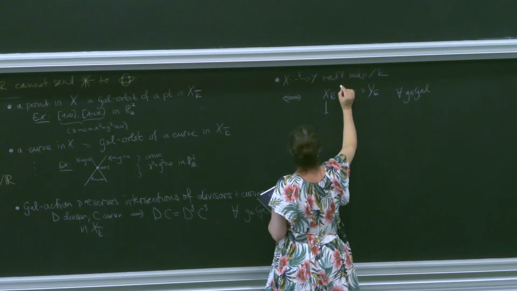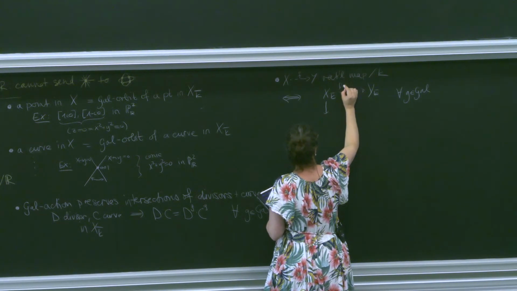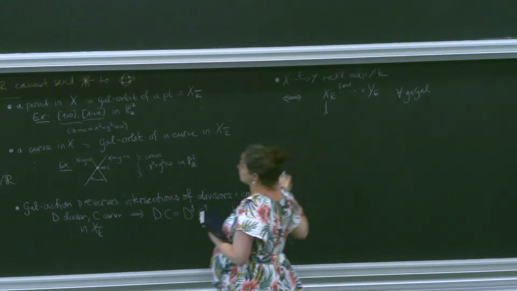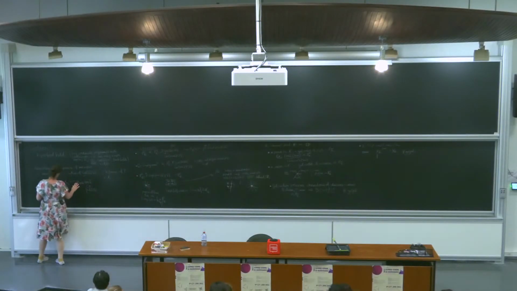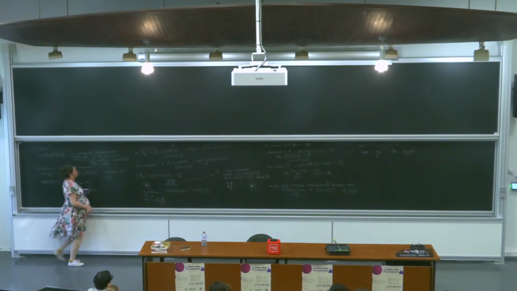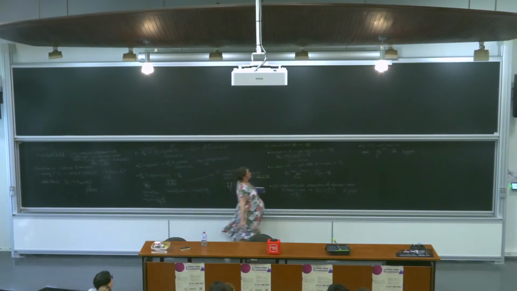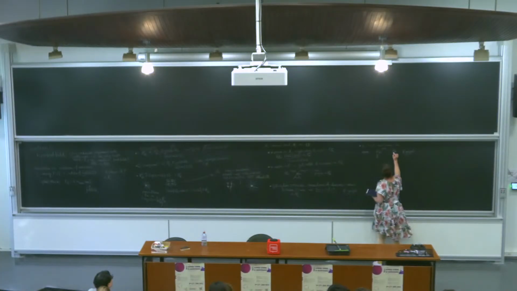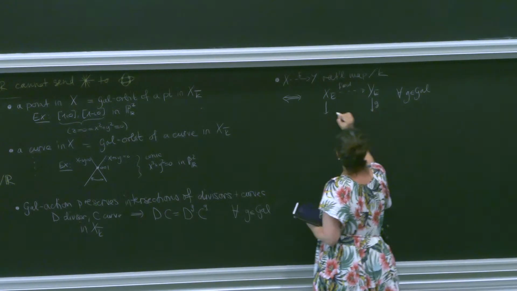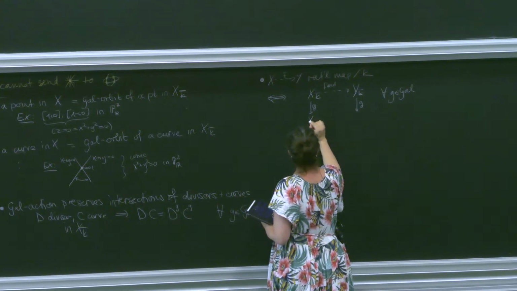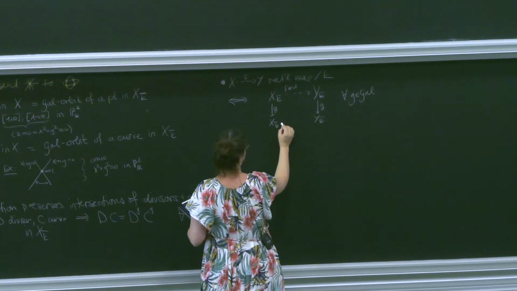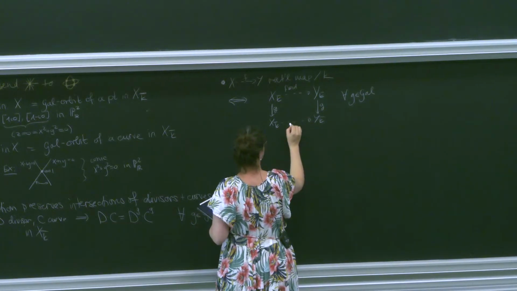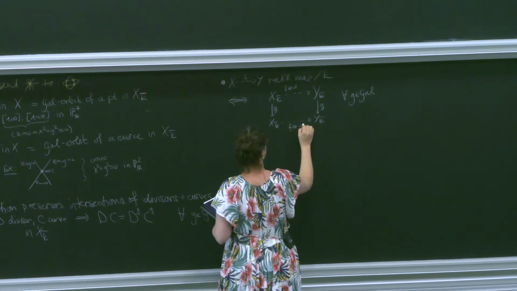So we apply f tensor the identity. If you remember, X_k bar and Y_k bar were just tensorizing with k bar. And then on both sides, we can apply g, and we get back X_k bar and Y_k bar. And here, this has to commute with f tensor the identity.